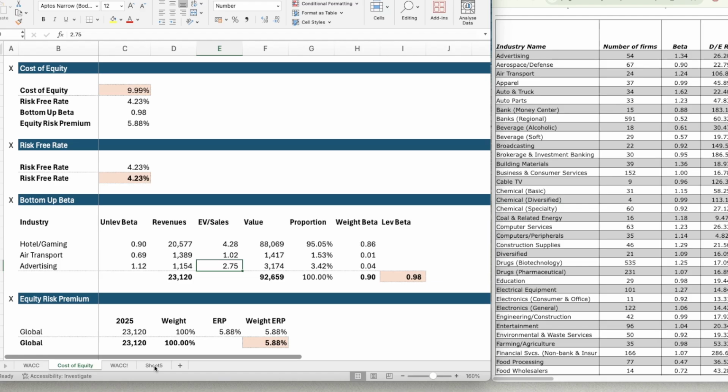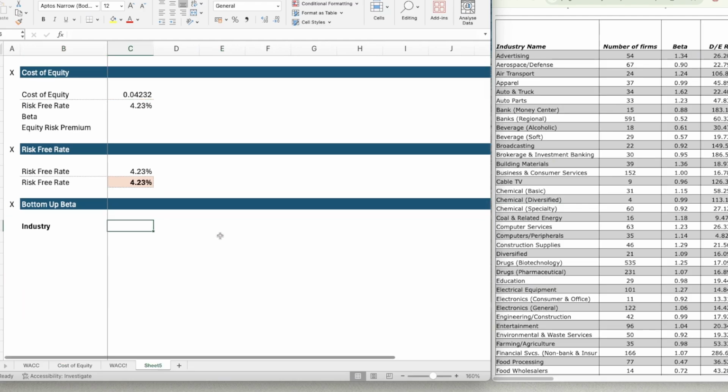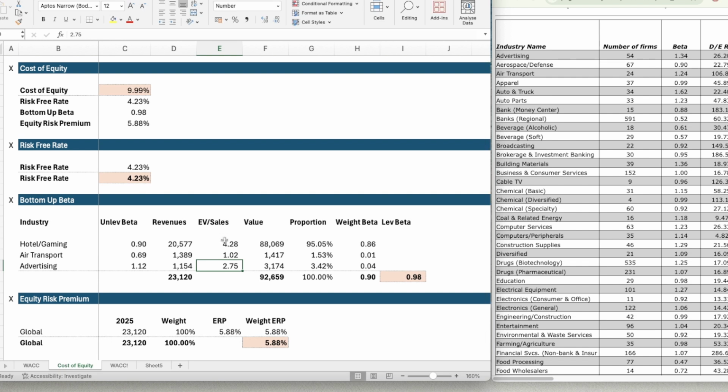So let's get that populated. Here we want the unlevered beta, revenues, then the next one is EV to sales. Sorry, this one always, yeah, EV to sales.